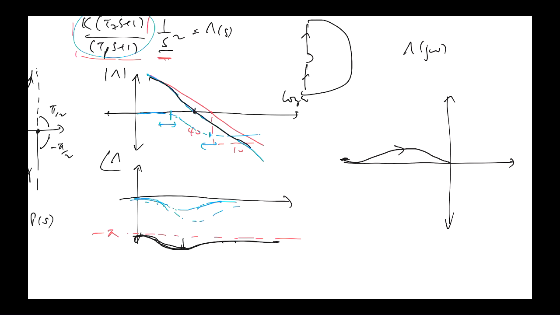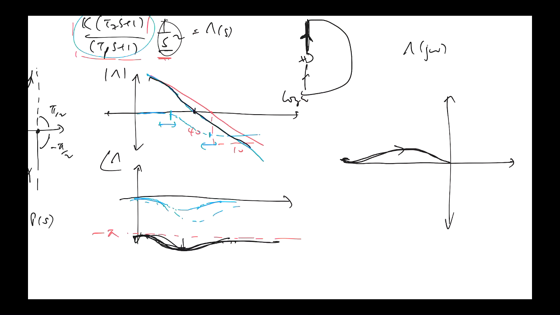We've got to make a little indentation around the two poles at s equals 0, right? Going up this part of the Nyquist contour will give us something that looks like this, which is consistent with the phase going below minus pi, which pushes us into this quadrant. And then, as we go around here, the magnitude is 0 because this is strictly proper, all right?